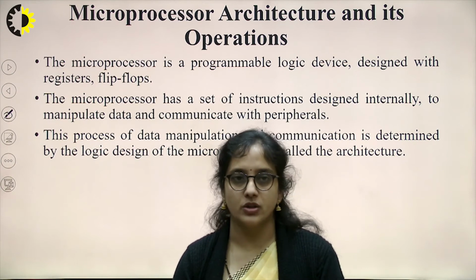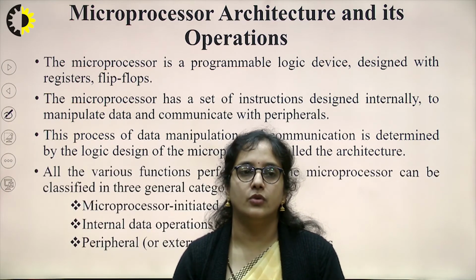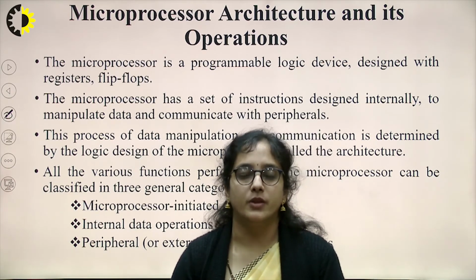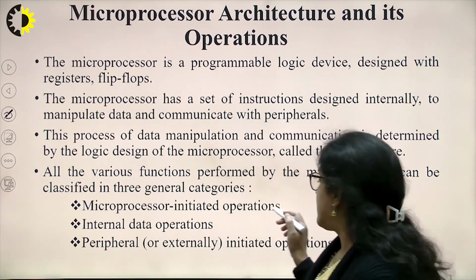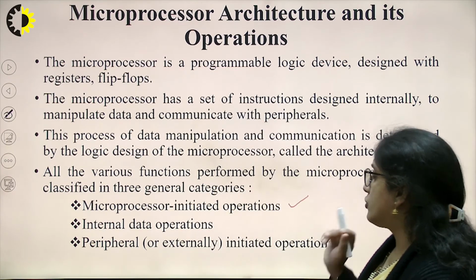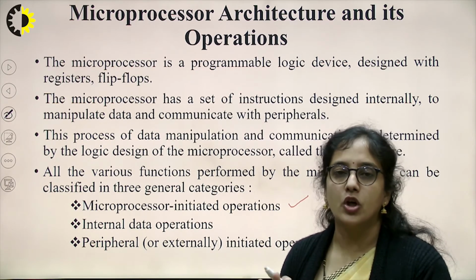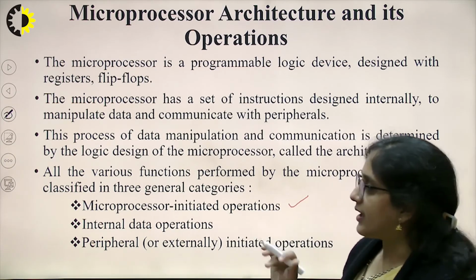So architecture is basically defined in such a way. The different functions that the microprocessor is going to perform are basically classified into three: microprocessor initiated operation, internal data operation, and peripheral initiated operation.